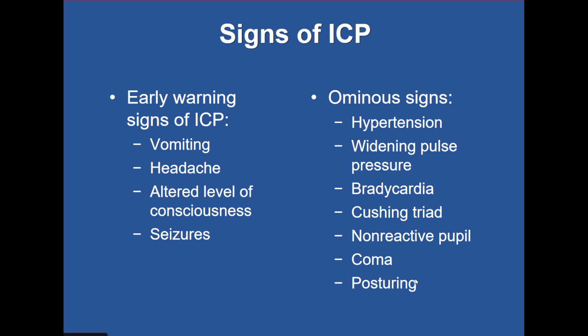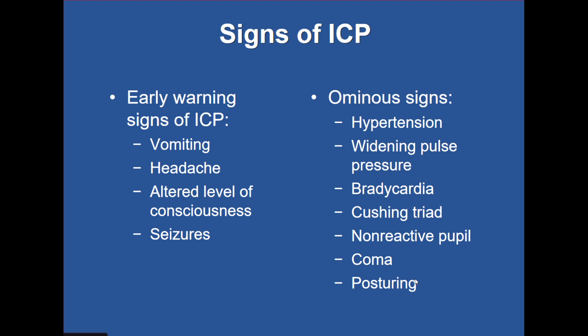You have bradycardia that sets in, because while the brain thinks that it needs a higher pressure, the rest of the body is thinking, hey, our pressures are too high. So that heart actually starts to slow down now, and you can get that bradycardia. You can get Cheyne-Stokes respirations, where you get erratic breathing. Your pupils stop responding, and usually the one side that is being affected is blown.